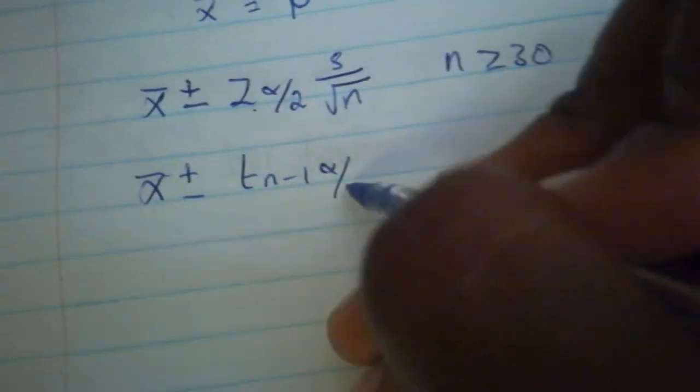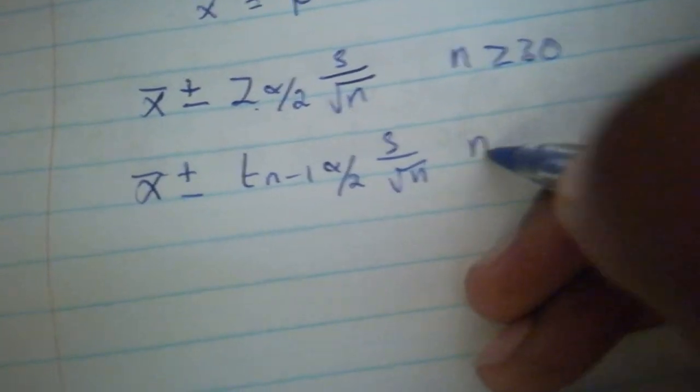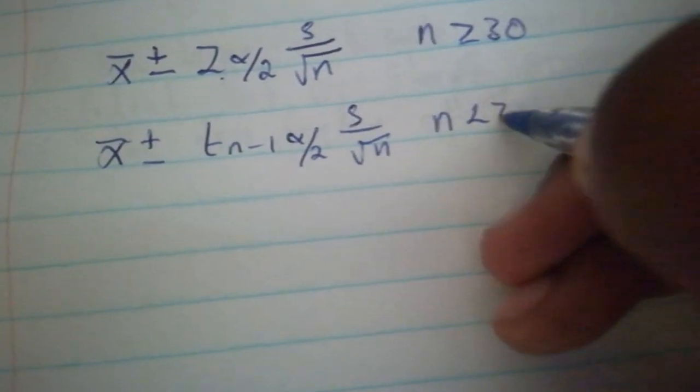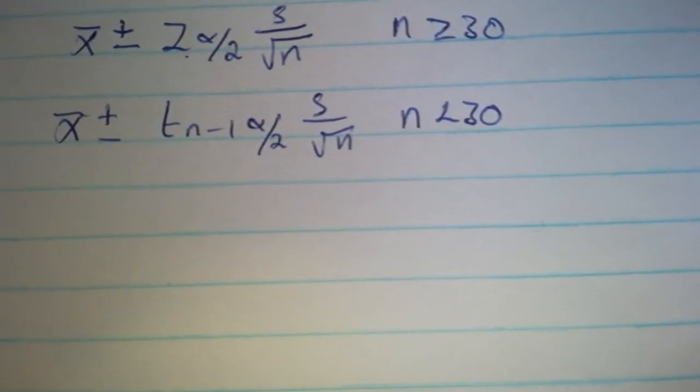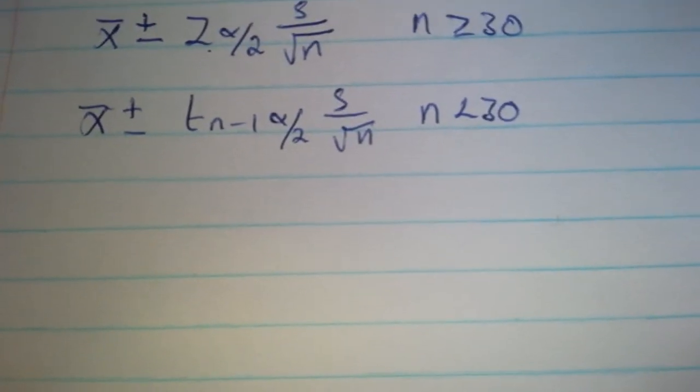But in a case where we have our sample size being less than 30, then we bring in the student distribution. The student distribution is the one which we're going to use for our sample size which is less than 30. The one which was developed by W.S. Gosset, which is commonly known as the t-distribution now.